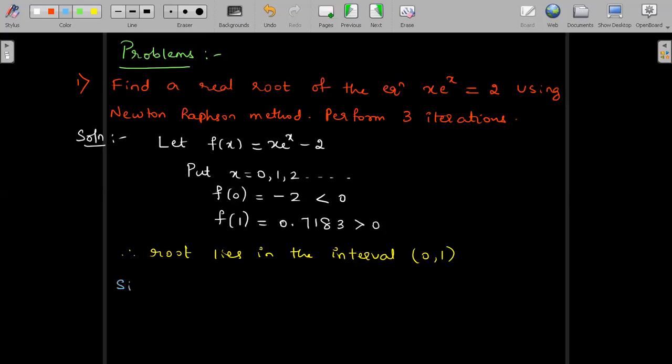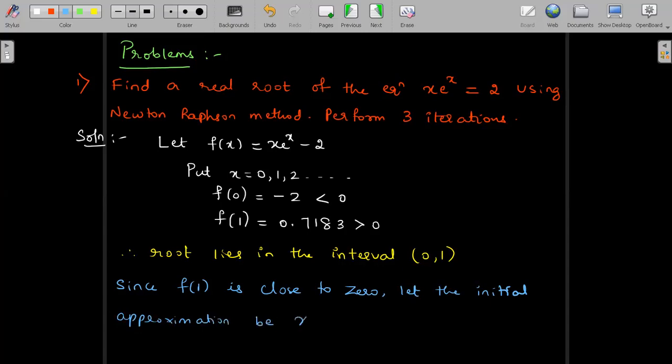So since f of 1 is close to 0, let the initial approximation be x naught is equal to 1.